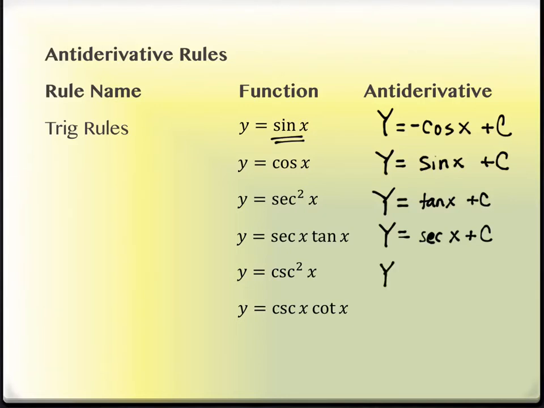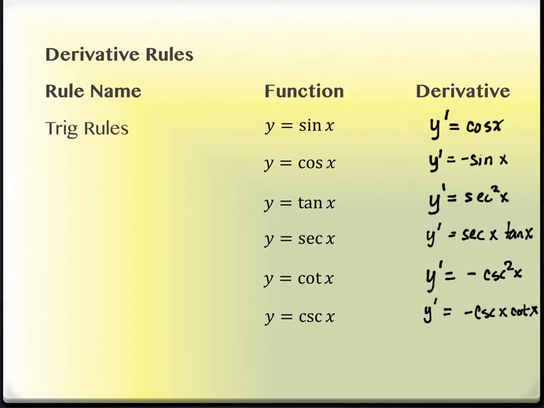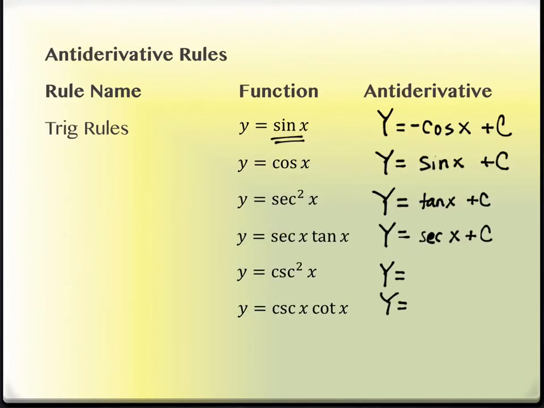These last two, if you look back at your list, the cosecant squared and the cosecant cotangent, they're negative on your list right here at the bottom. Yes? And they're going to be positive on the left-hand side here. So in order to get them to become positive, the corresponding pieces must be negative to begin with. So whose derivative is cosecant squared?